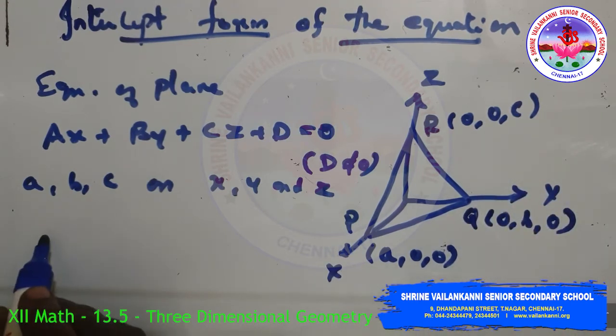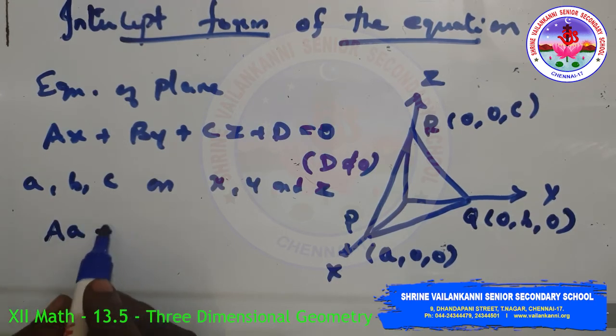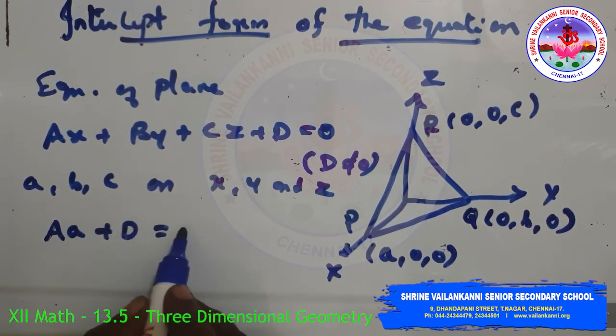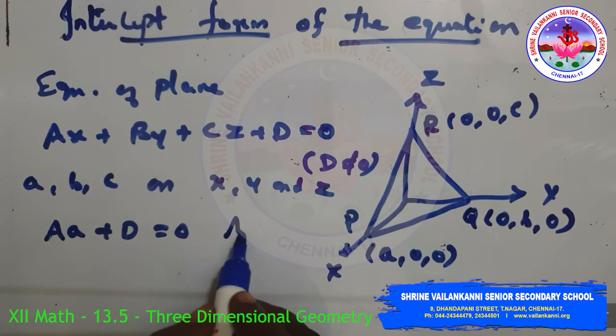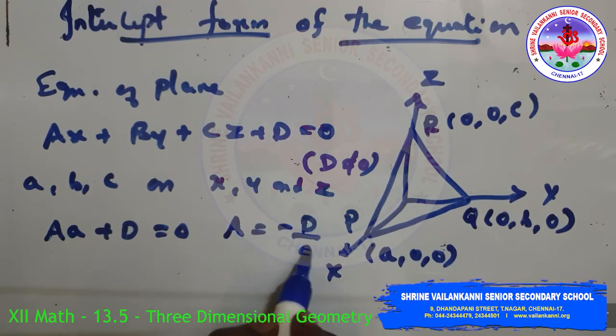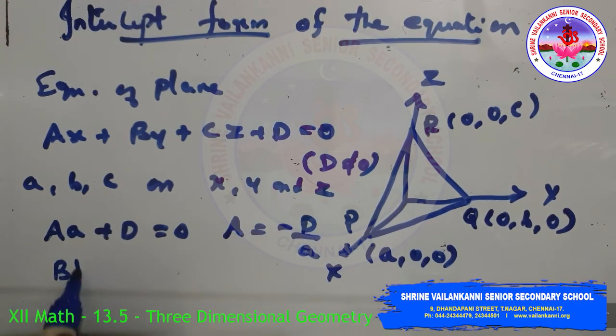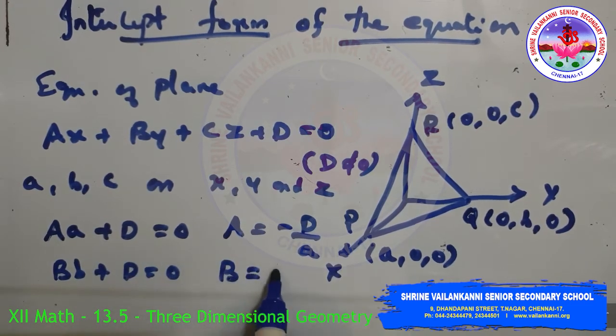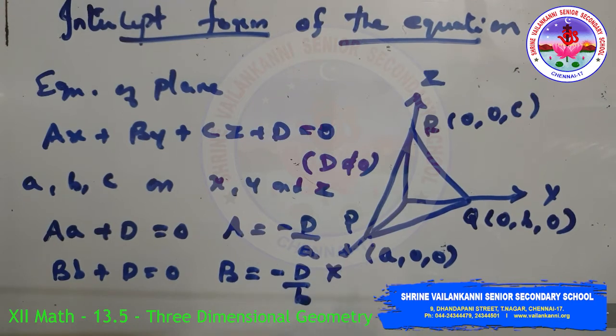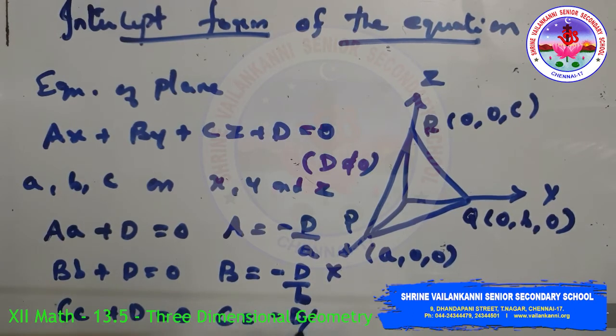Therefore, a into a plus d is equal to 0, or we can write this as a equal to minus d by a. And again b into b plus d equal to 0, or b equal to minus d by b. Then c into c plus d equal to 0, so c equal to minus d by c.